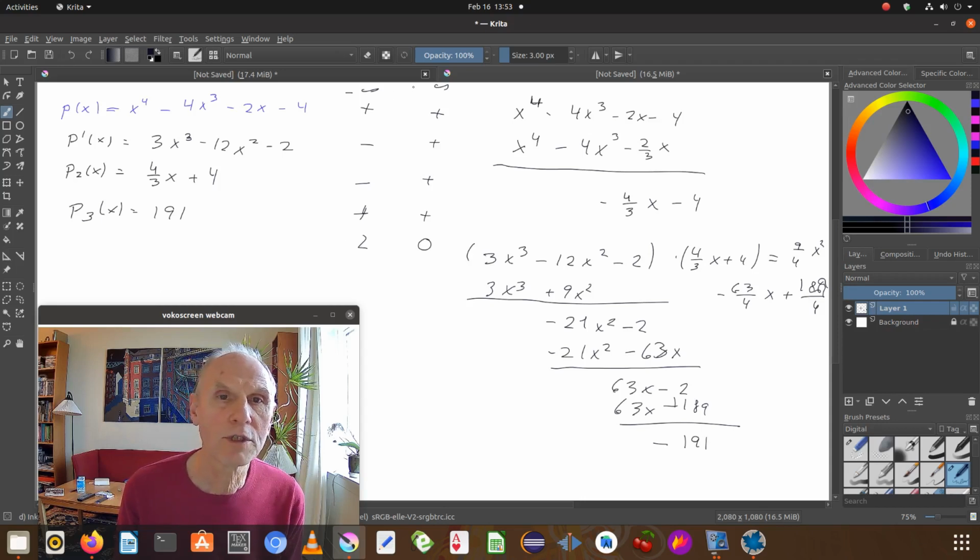If you also take naught, then it's minus, minus, plus, plus. There's 1 change of sign. So this shows that we have 1 negative root and 1 positive root. I gave you a wonderful technique, really.